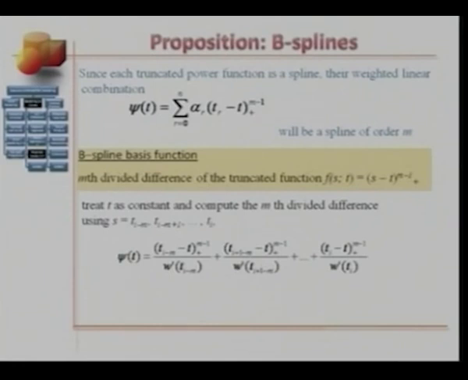Using the algebraic form, this divided difference will look like psi of t is equal to (t_(i minus m) minus t) truncated raised to m minus 1 over w prime at t_(i minus m), plus (t_(i minus m plus 1) minus t) truncated raised to m minus 1 over w prime at t_(i minus m plus 1), and the last term in the summation would be (t_i minus t) truncated raised to m minus 1 over w prime evaluated at t_i.